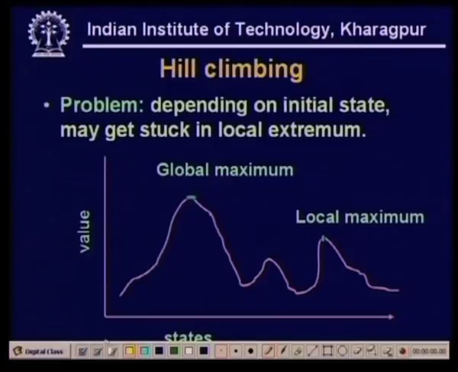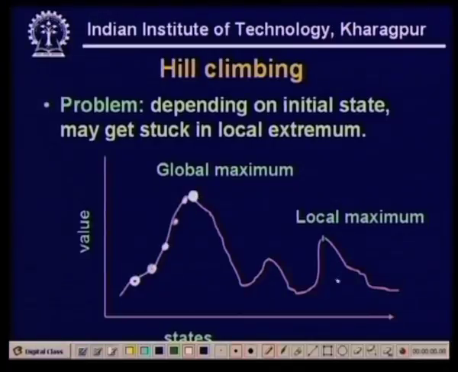Suppose we start from this position and we find that this is the best neighbor, and then this is the best neighbor. We can move until we get here, whose neighbors are all worse than this. This is the solution that we have obtained, and this also happens to be an optimum solution.